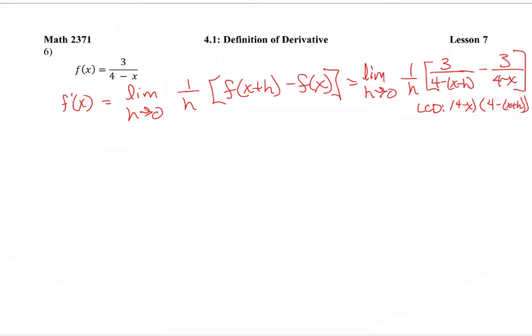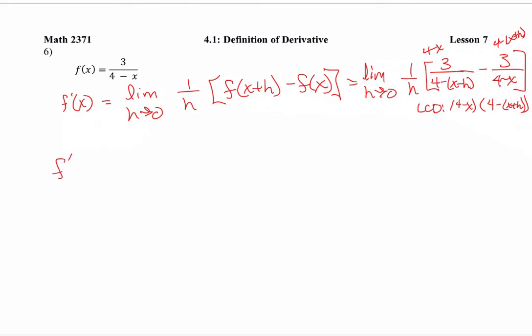So here, in this first one, we're going to multiply by 4 minus x, and here we're going to multiply by 4 minus x plus h. Now, I'm not multiplying the denominator. I will multiply the denominator by the same thing that I'm multiplying the numerator. I'm just writing it over the top so that you understand which one we're going to do by both.